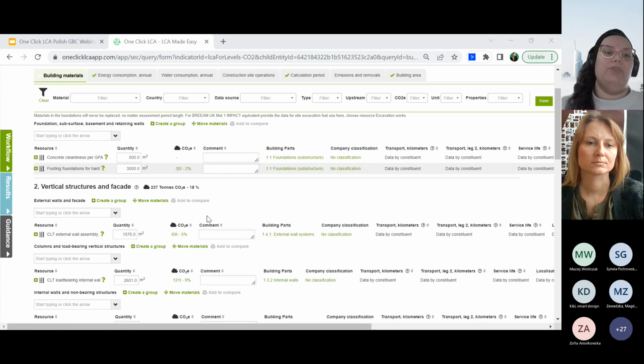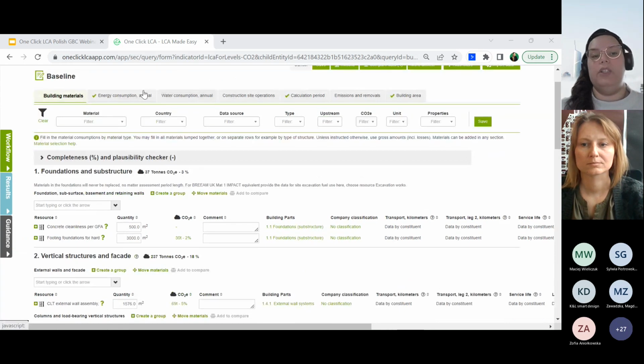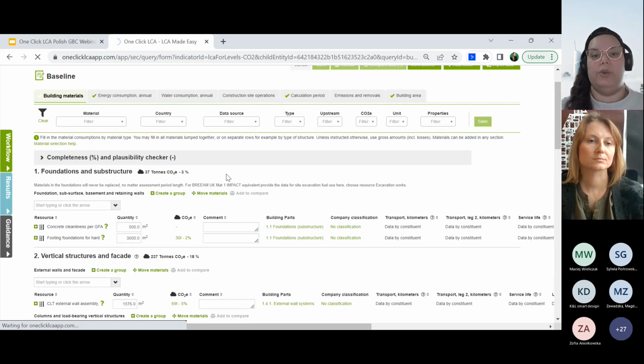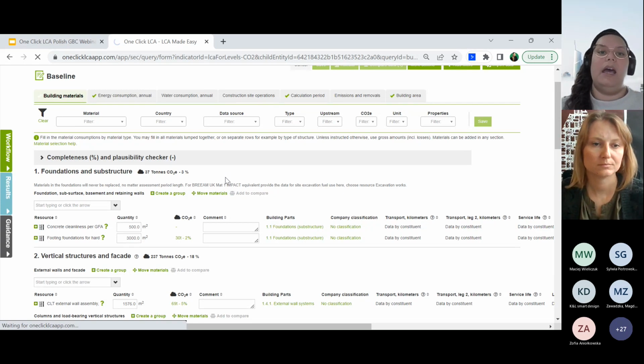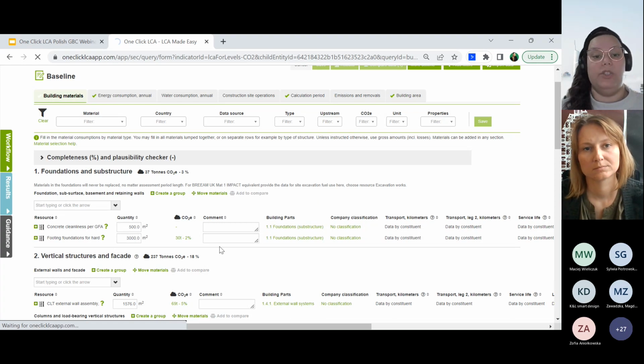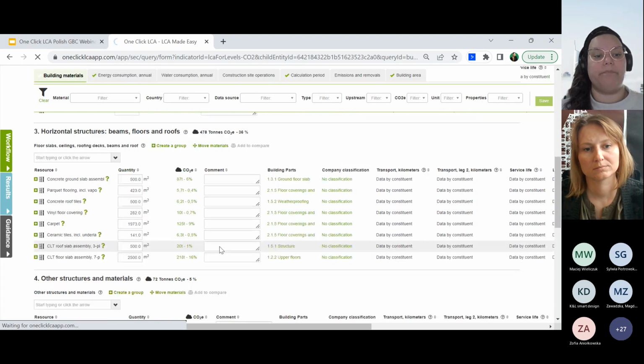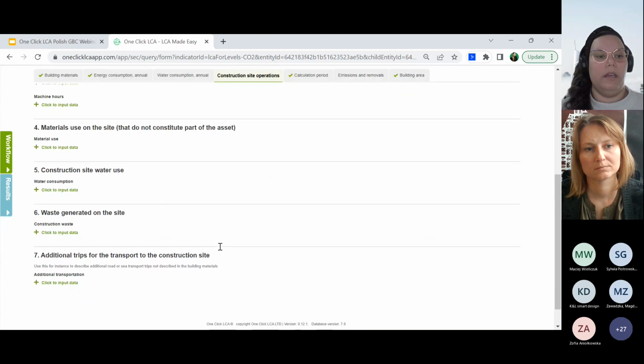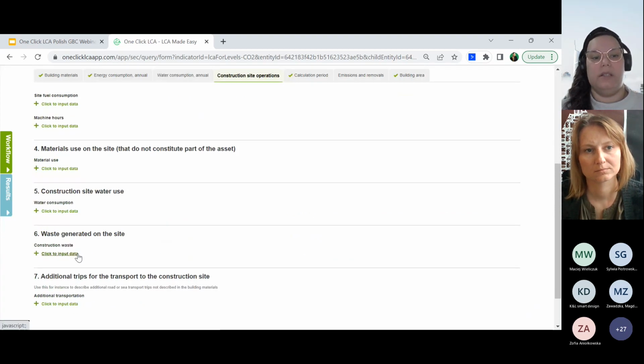And also, when it comes to any demolition that you would be doing, you can come here to construction site operations, and you can account for it here. So you would be accounting these demolitions with the waste generated on site.